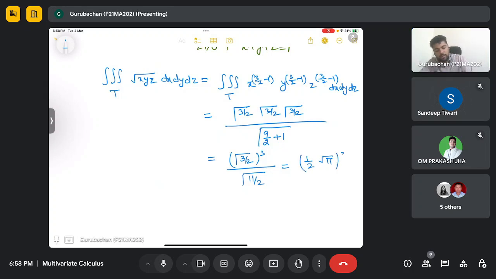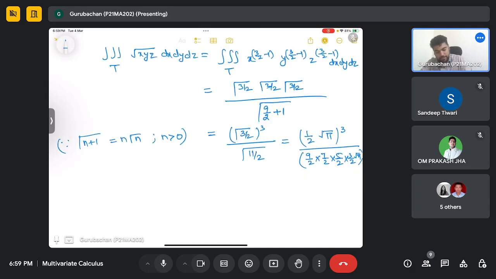This is divided by gamma of 11 by 2, which is 9 by 2 into 7 by 2 into 5 by 2 into 3 by 2 under root pi. Why? Because gamma of n plus 1 is n times gamma of n, where n is a number greater than 0. So from here, what do we get? Pi by 8.